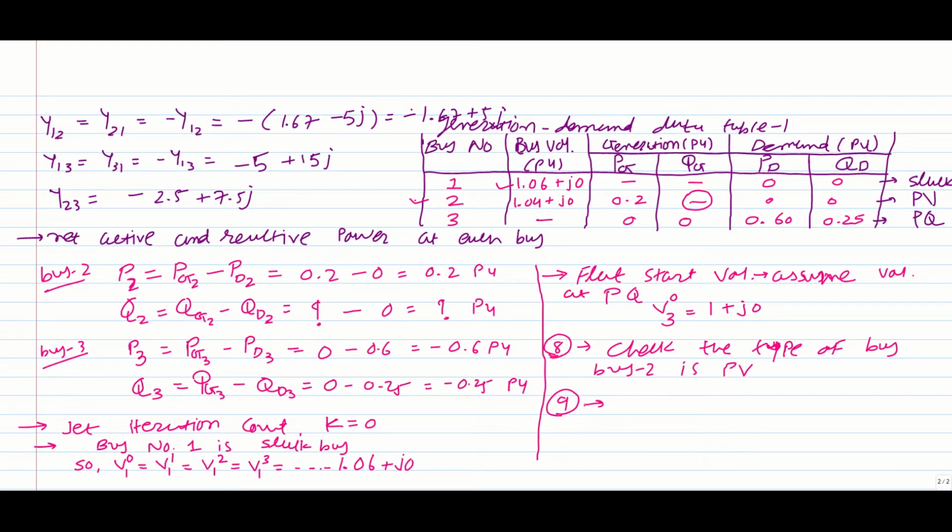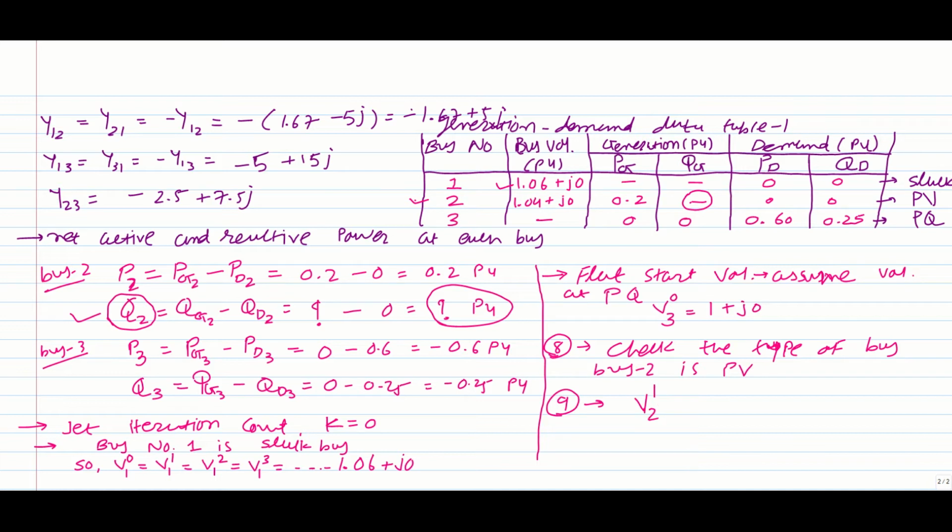Just recall the 14th step for power flow analysis using the GS method where PV buses are present. So in step number 9 we will calculate this Q2 at bus number 2. Here we have the question mark. The value of this Q2 we will calculate in step number 9, because we need to calculate the voltage at each bus.